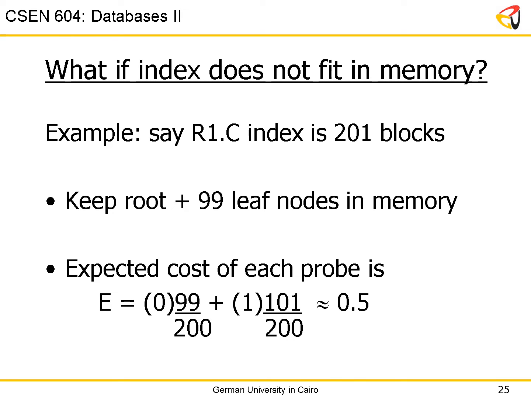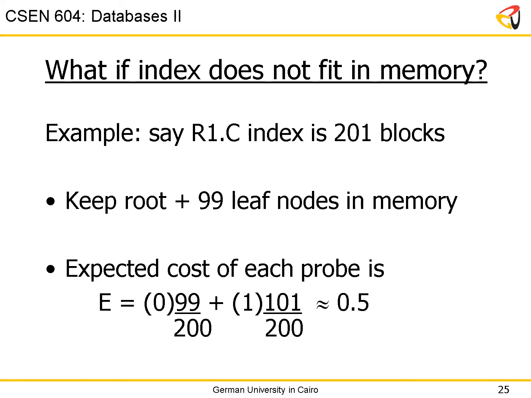So what I have assumed early on, which is that the R1.c index fits in memory, well, let's think of it as a B+3. We already learned that with B+3s, only the root is kept in memory and the rest is on disk. We are not allowed to abuse the memory by just loading the whole B+3.